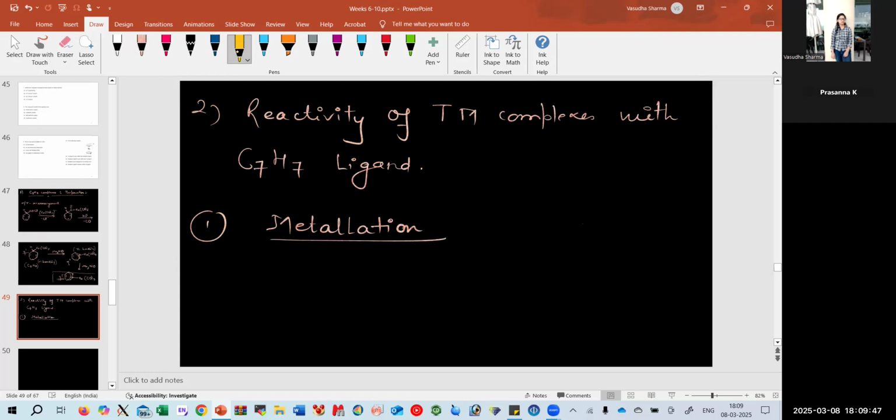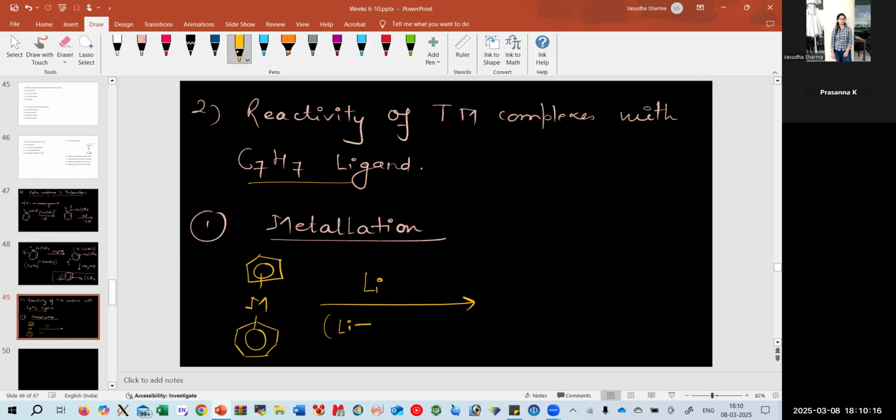For example, I have a complex where M is a metal center, and it is coordinated with a C5H5 ligand, which is a cyclopentadienyl ligand, which we have already studied in our previous sessions. And on the other side, it is having a C7H7 ligand, this one. So it is having a coordination with Cp and C7H7. Now, in presence of lithium, it will undergo a lithiation process.